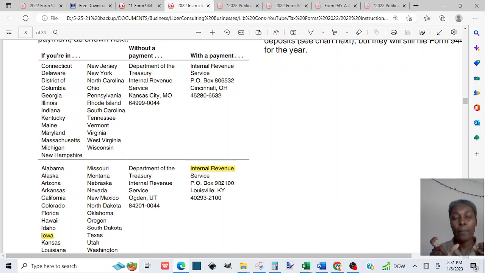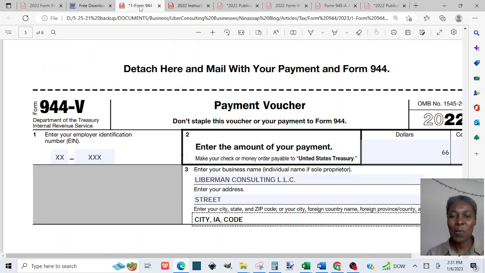And that receipt you get from USPS, along with the green receipt that they will give you, make sure you file that with the copy that you are keeping in your record for your business. And that concludes how to file Form 944 for 2022.